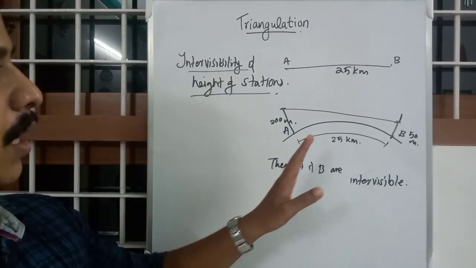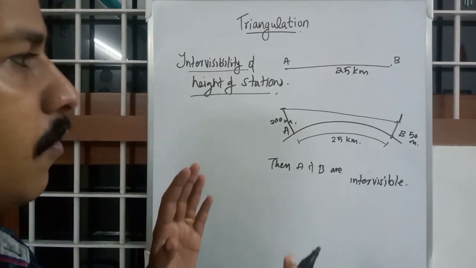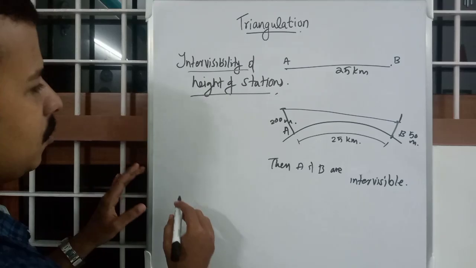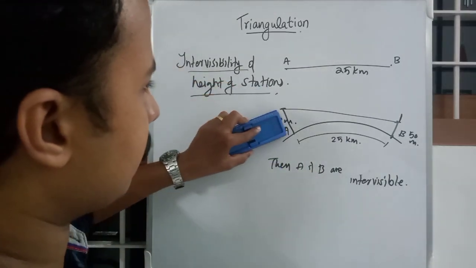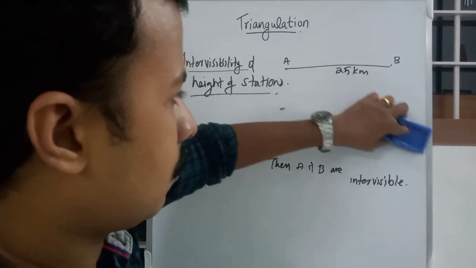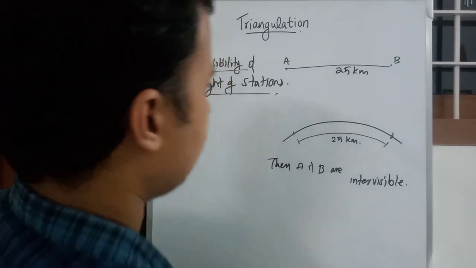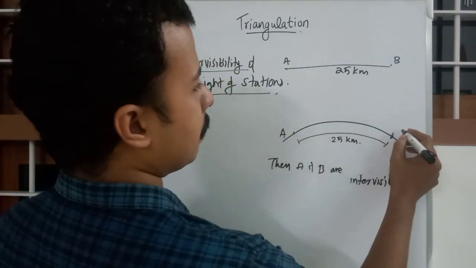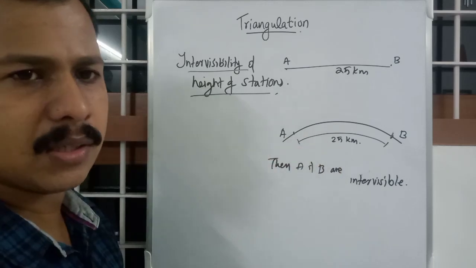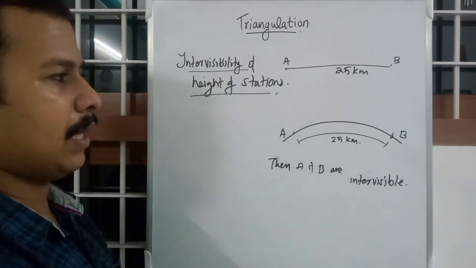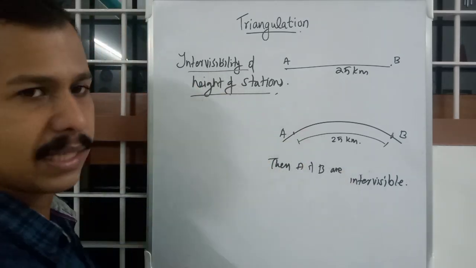So how do you calculate this? For starters, you will have a point of tangency. So again we are going back to stations A and B, suppose any distance, 25 kilometers. We are only focusing on intervisibility now.